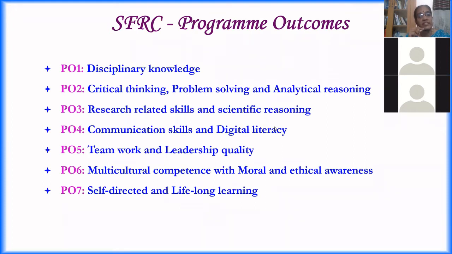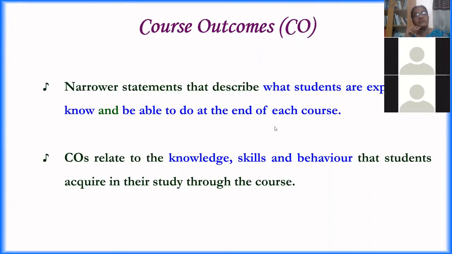The first three are in order from the K1 level up to the K6 level. What I am saying now, you'll understand when I talk about the COPO mapping later. So please do remember the order of the POs.